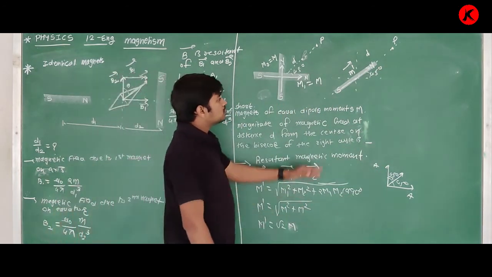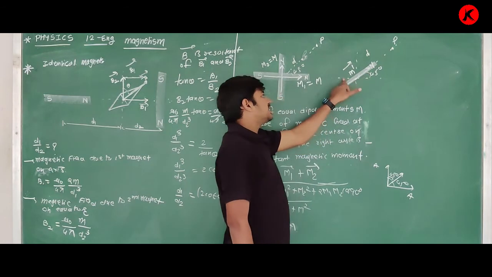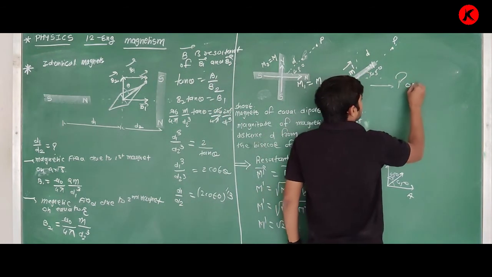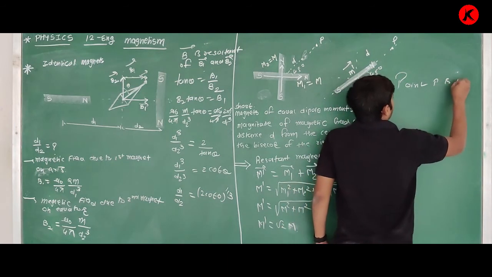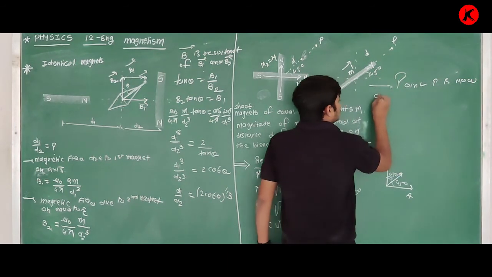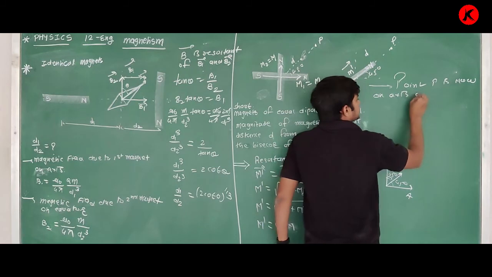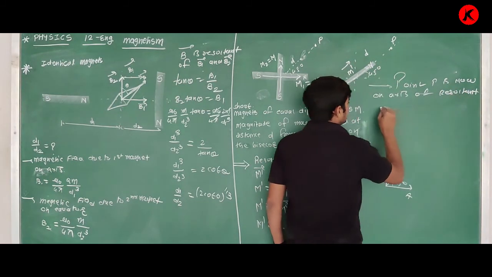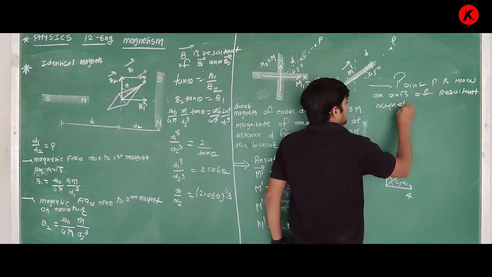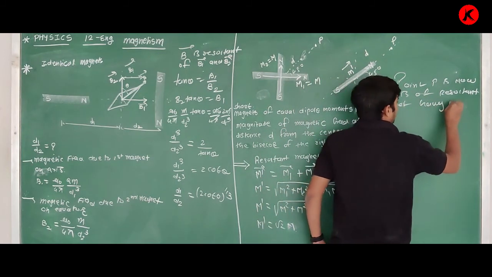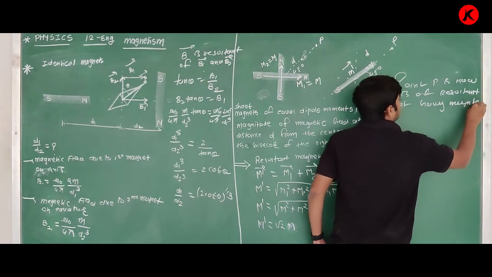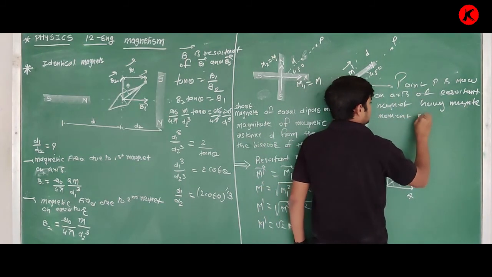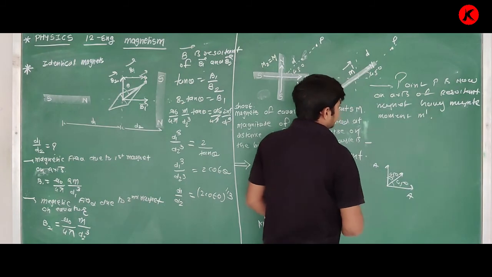Okay, so now this point is on the axis of this resultant magnet. The point P is now on the axis of the resultant magnet having magnetic moment m dash.